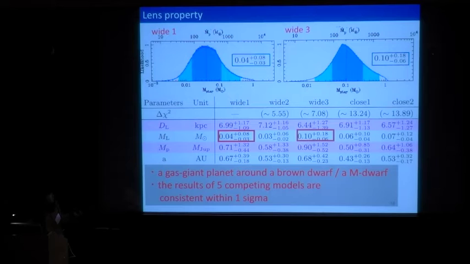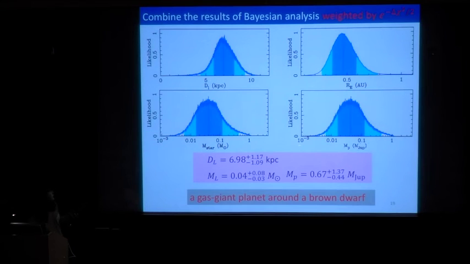And from this table, we can find that the results of the 5 competing models are consistent within 1 sigma. So we combine the results of lens physical parameters. And here is the result.